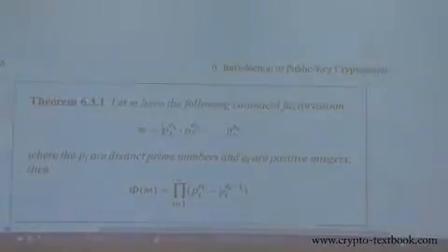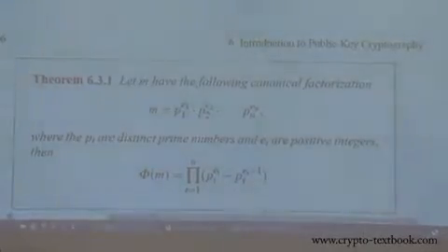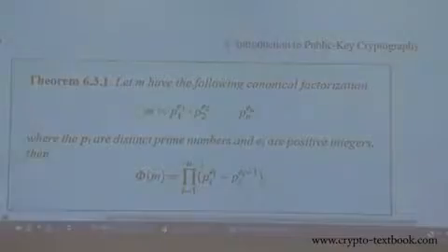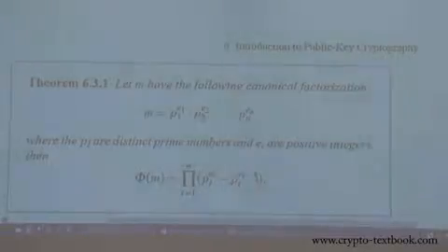All the p1, p2, p3, and so forth are pairwise different. So these are all the different prime factors. If you have that, you can compute phi of m with this simple formula, with this uppercase pi symbol here. I'm going to show you an example.